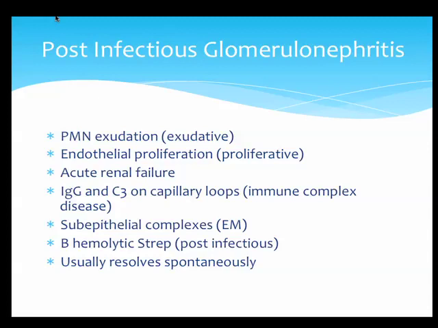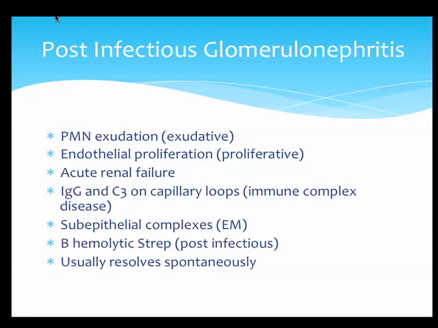We know that it is an immune complex process because IgG and complement are identified on the capillary loops, and these represent immune complexes. They have a very characteristic appearance by electron microscopy, which I will describe to you.